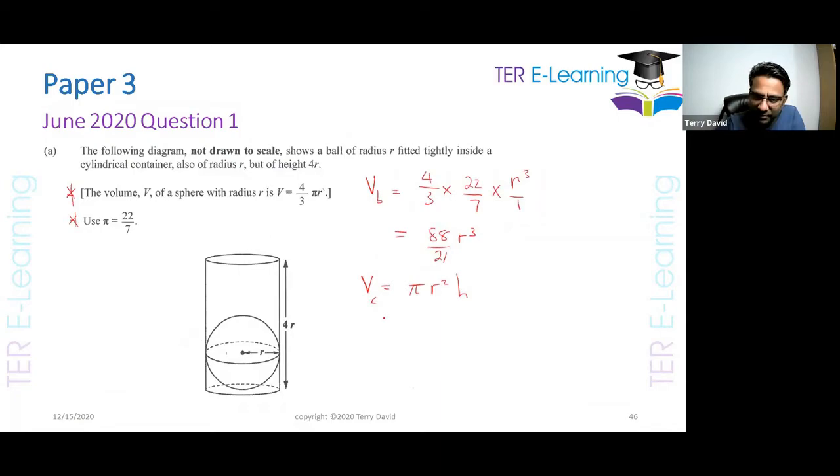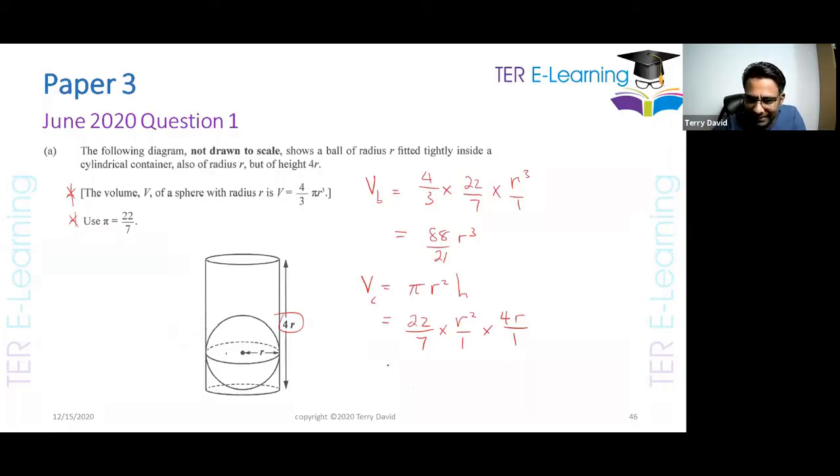So they're calling it container. So VC is that. So pi in this case is 22/7 multiplied by r squared over 1, multiplied by the height. Look, the height of the cylinder is actually 4r. So this is 4r over 1, right?